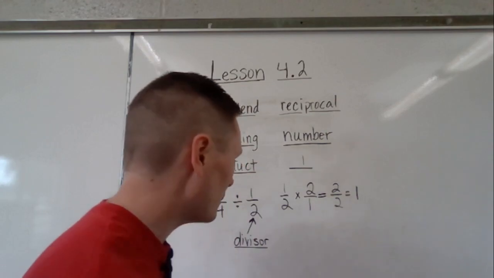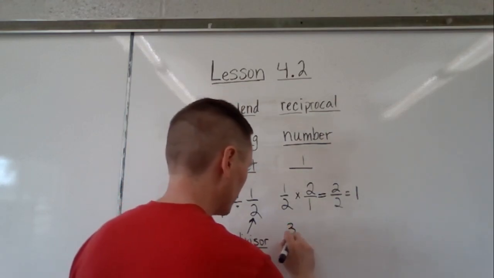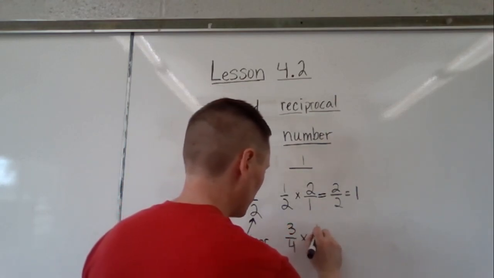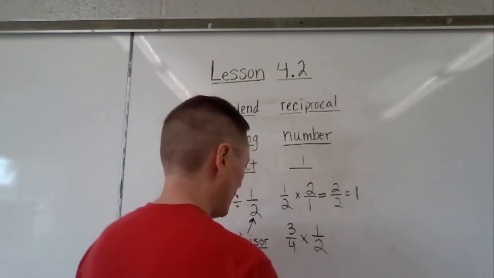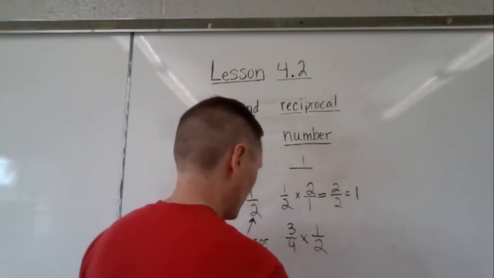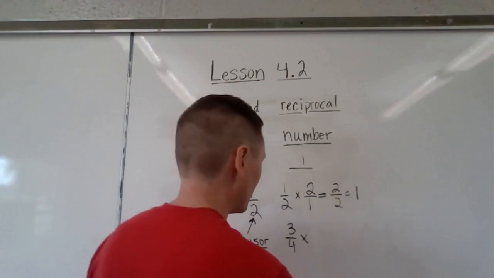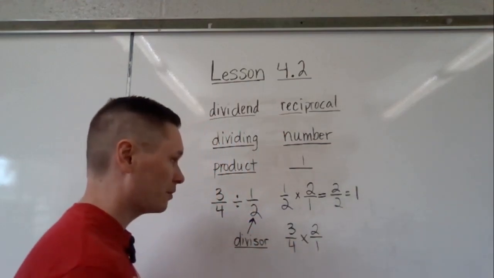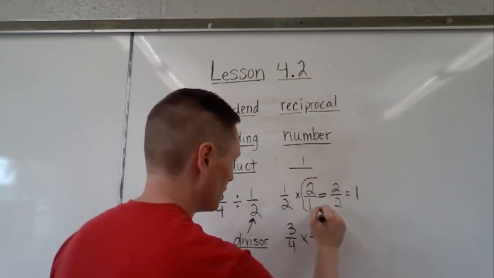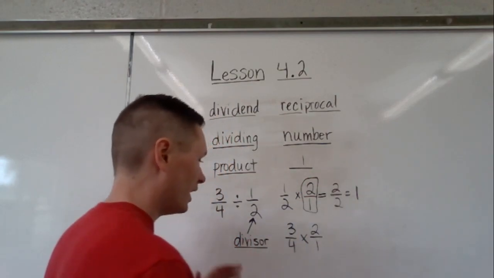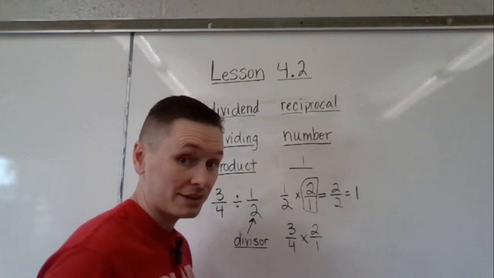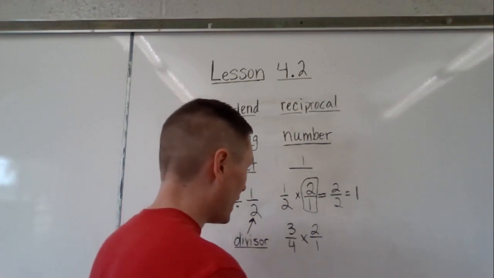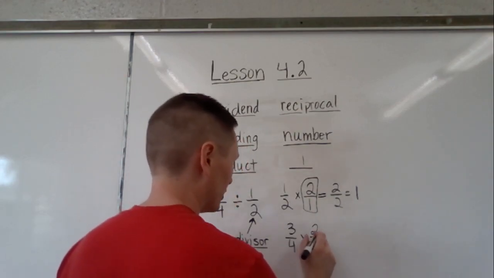Okay. So now we have 3/4 times 1/2. And I made a mistake. It's 3/4 times, there we go, 2/1 because I had to use the reciprocal. All right, so now that we're not adding or subtracting fractions, we can actually cross simplify.